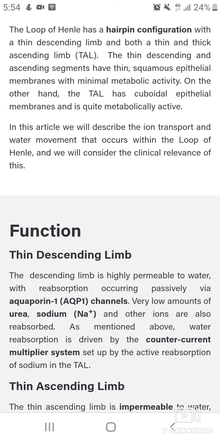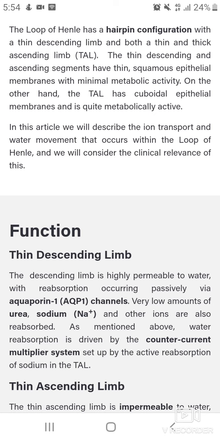On the other hand, the TAL has a cuboidal epithelial membrane and is quite metabolically active. In this article, we will describe the ion transport and water movement that occurs within the loop of Henle, and we will consider the clinical relevance of this.